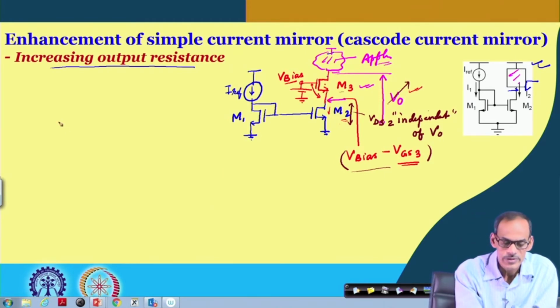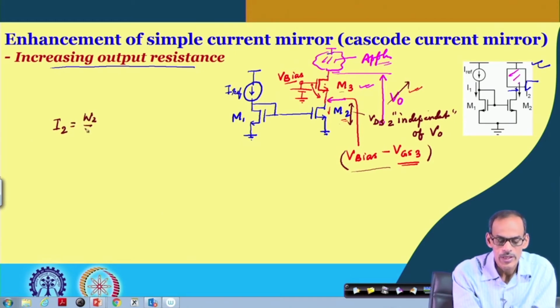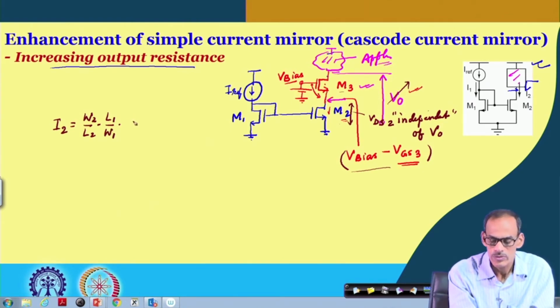So, that makes the expression, whatever I2, which is W by L of the transistor 2 divided by W by L of transistor 1 into 1 plus lambda into VDS2 divided by 1 plus lambda into VDS1.